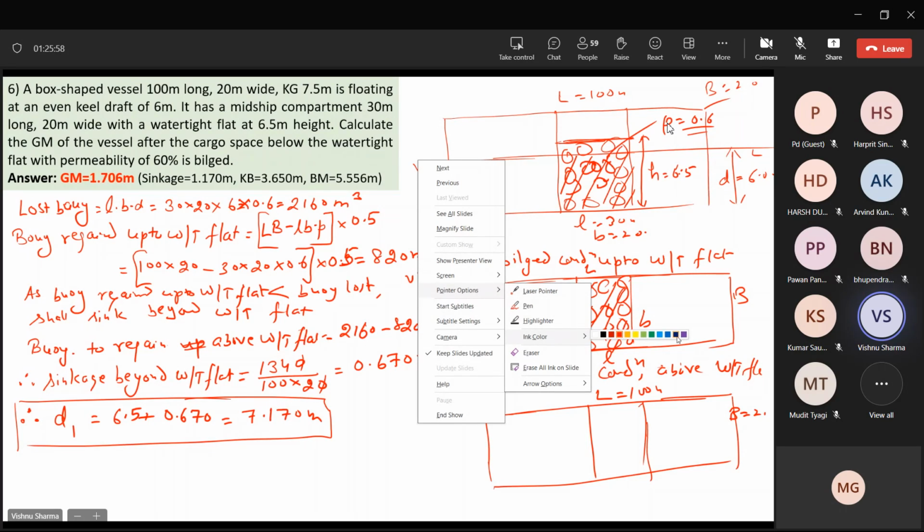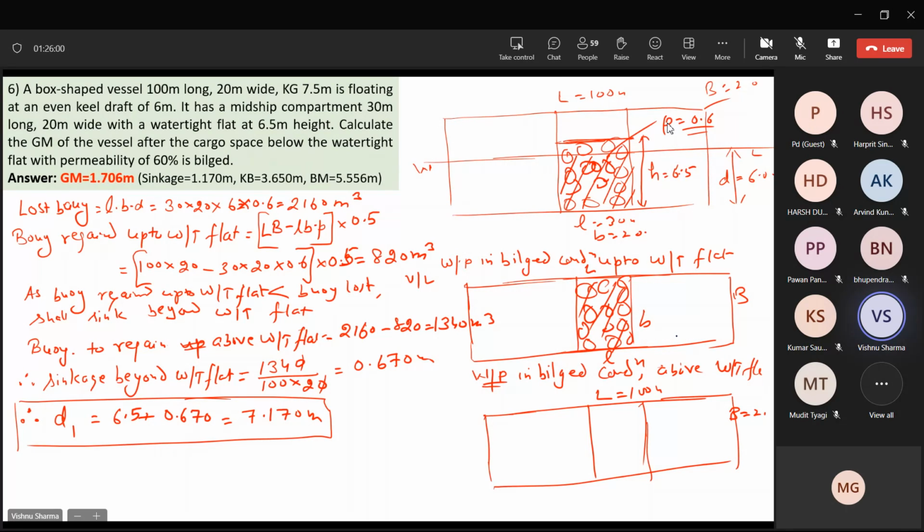Okay, now what we'll do is, we will draw the final water line. We know it's going to be above the watertight flat. This is where I draw W1, L1, and this is my D1 equal to 7.170 meters. Guys, KB shall be by moments.